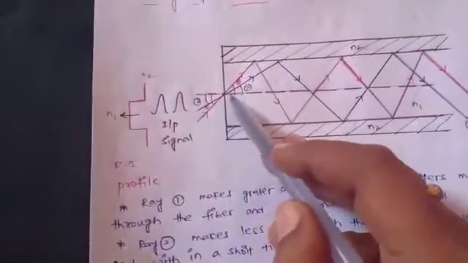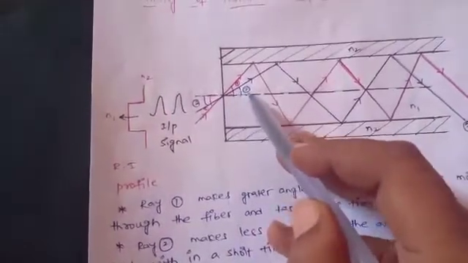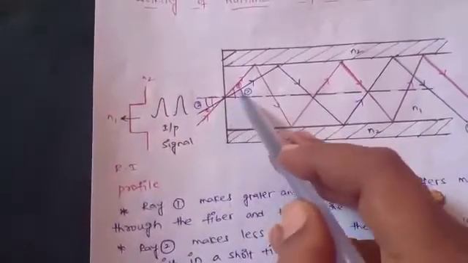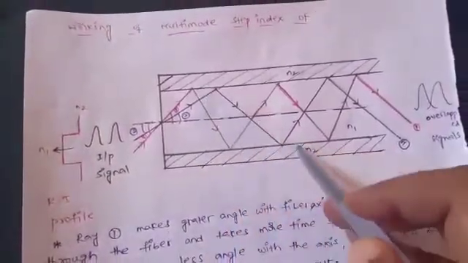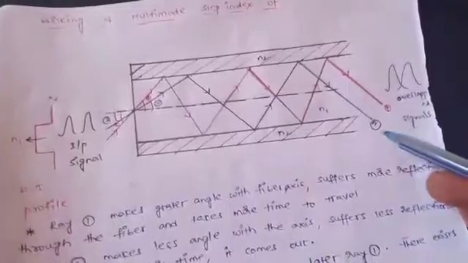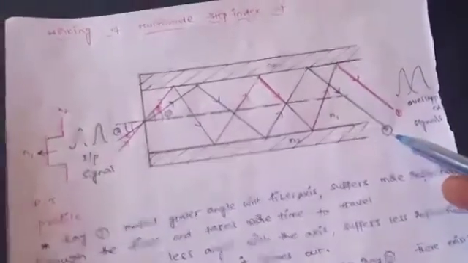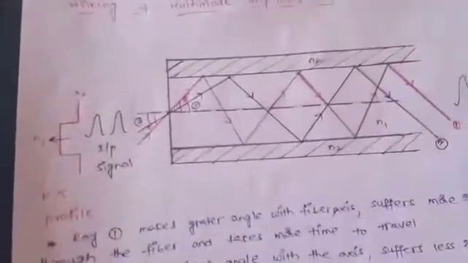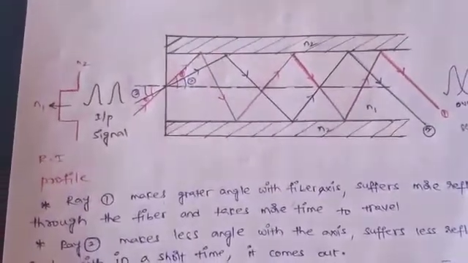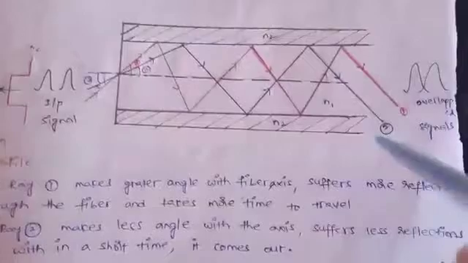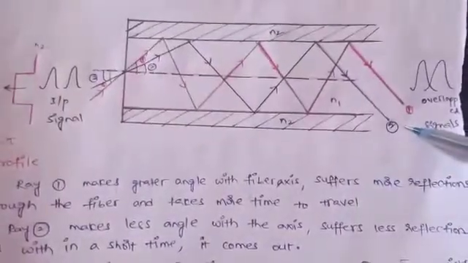Ray 2 is also incident with an angle 2 and it also takes total internal reflection and the output comes like this.